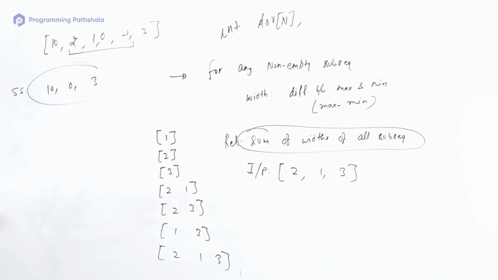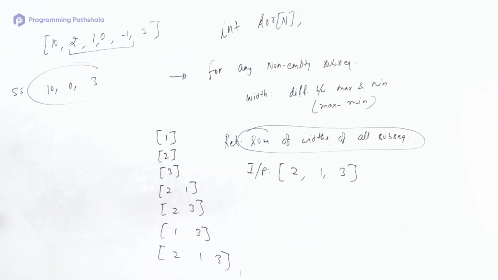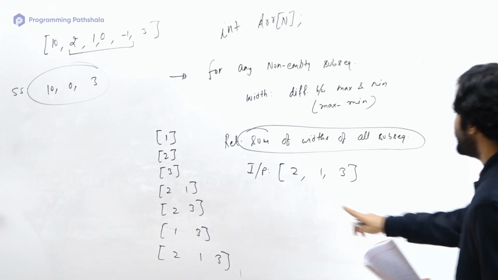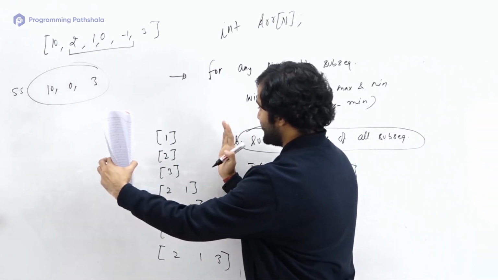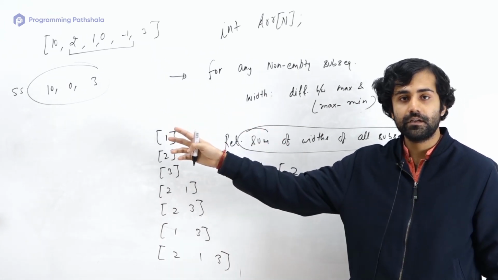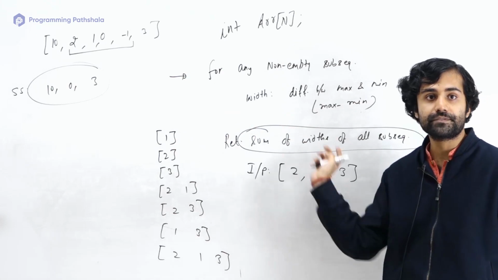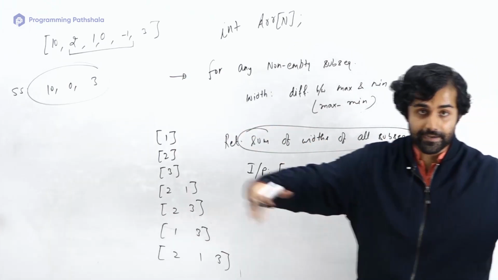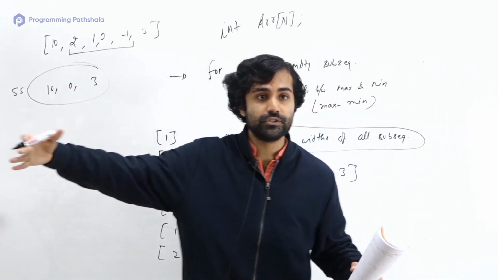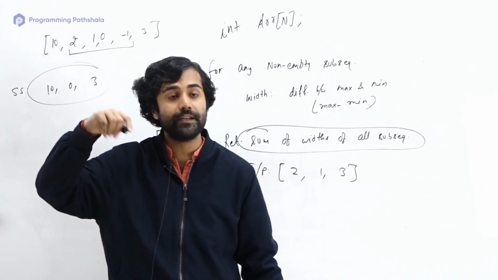Now let us understand how many subsequences can be there. If you apply the rule of product, say I want to build a subsequence, then for every element there are 2 options: either I take it or not take it. So 2 options for the first element, 2 for the second, 2 for the next, and 2 for the last. Because there are n elements and 2 options for each, the rule of product says 2 into 2 into 2, n times, which is 2 raised to power n.